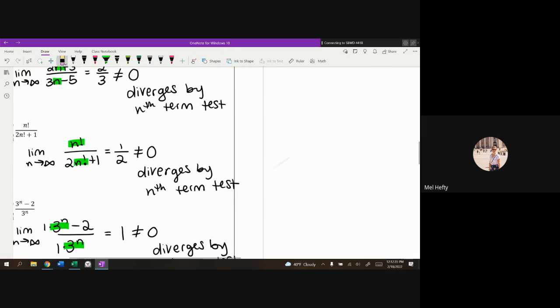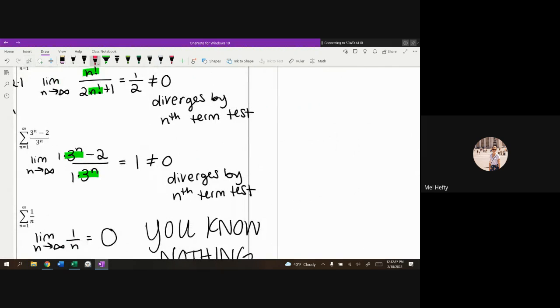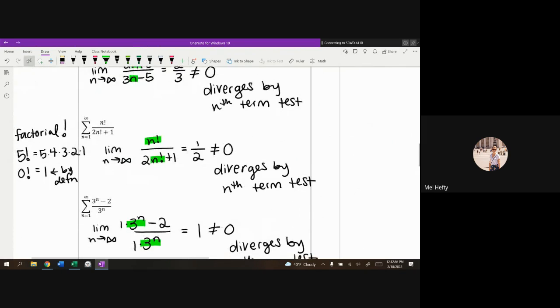All right, and I could do the same thing for something down here, just to be really clear. If I change this base, so like 2 to the n over 3 to the n, this one will go to 0, I know nothing. This infinity diverges. So we'll talk a lot about other ones. I'm going to save that discussion, Sydney, for factorial because factorial interacts with itself a little bit more weirdly.